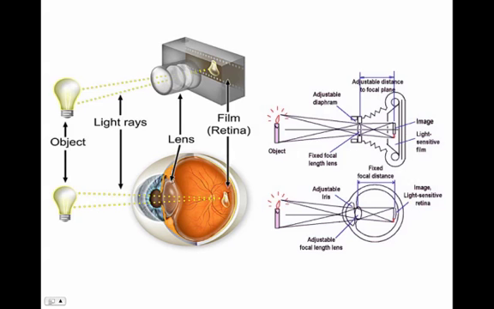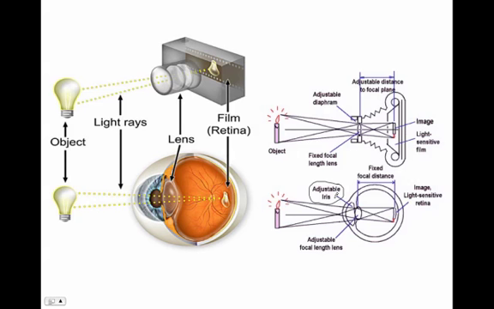Cameras have lenses, just like you have a lens. Cameras have an adjustable diaphragm to let more or less light in. Our iris does that for us. So our pupil gets bigger or smaller because our iris acts like a diaphragm.